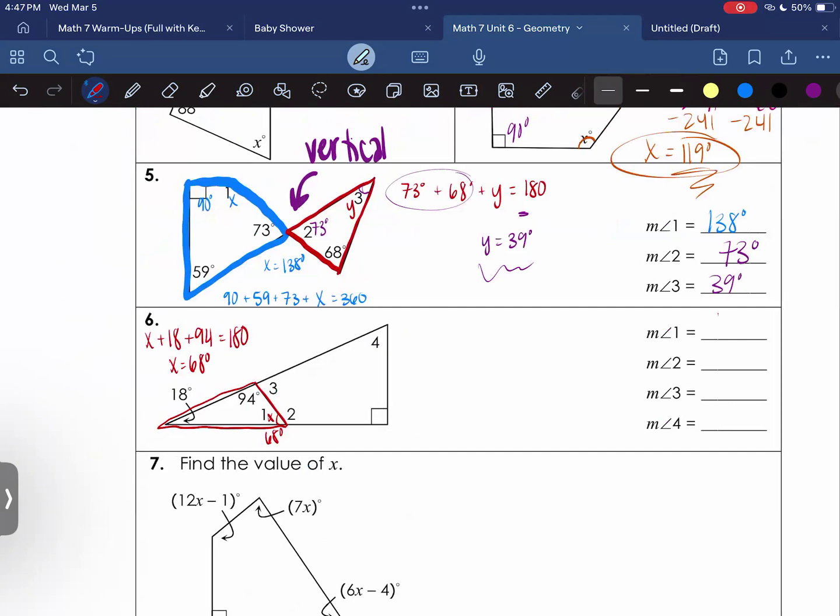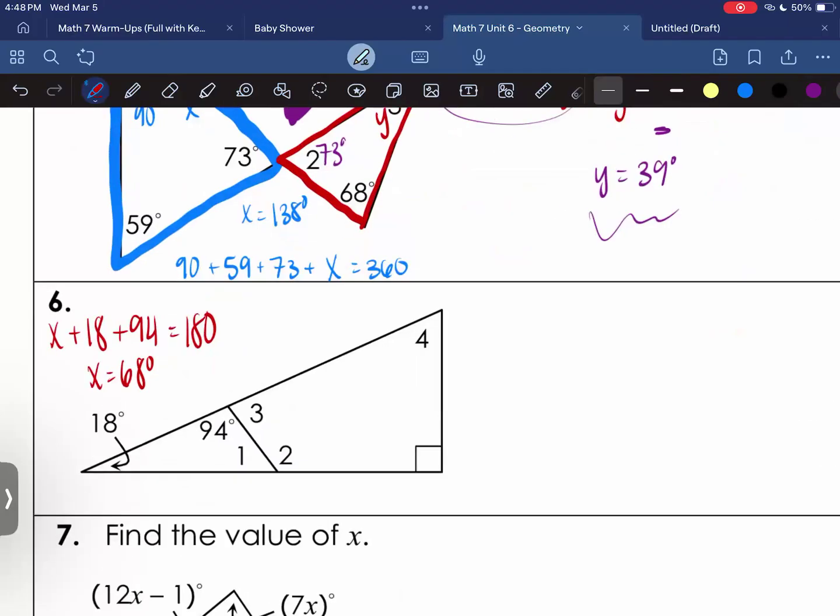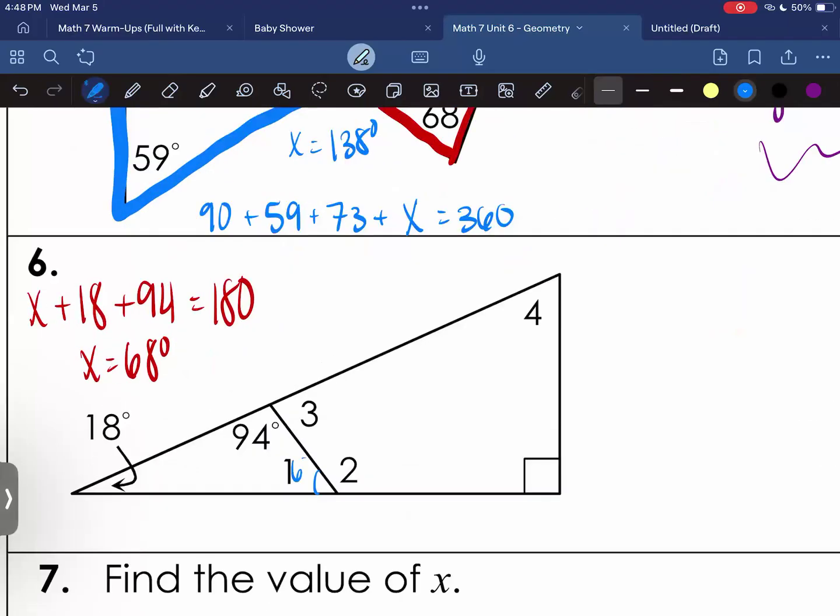All right, moving on to the next one. Angle 2. Okay, again, so I'll put this back in that this is 68. Now, I already mentioned that before you started. This is a straight line, right? So angle 1 and 2 form this angle, which is 180 degrees.